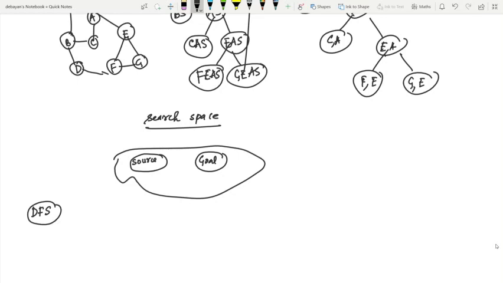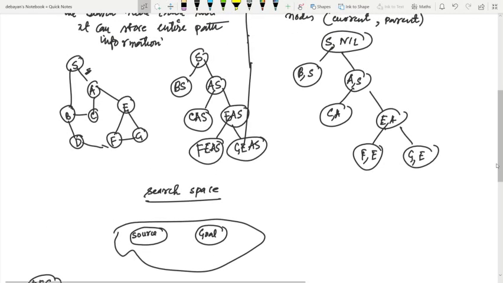In case of DFS, the graph is this one. This is the corresponding graph. Now if we apply DFS on that particular graph, what will happen?